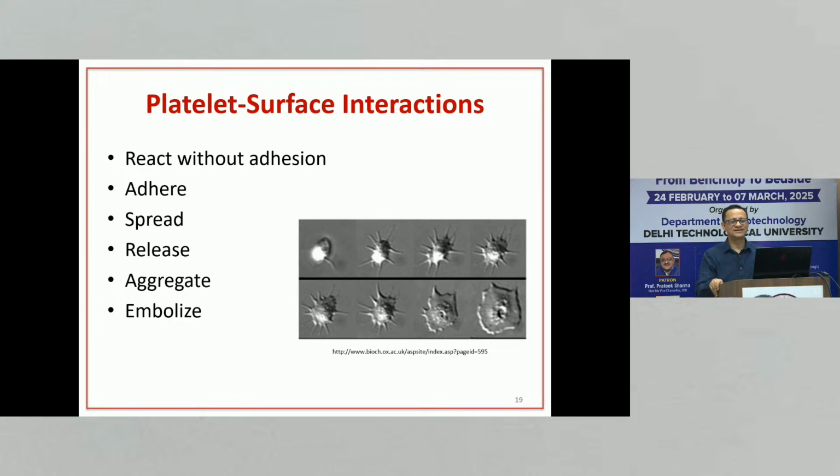Now, for platelet surface interactions or blood surface interaction, a lot of things are happening, right? A reaction without adhesion. Platelets are flowing in the blood, they see a foreign surface, they adhere to it, then they spread, then they start releasing these chemicals, they start aggregating more, and then they can embolize also. What was embolism?